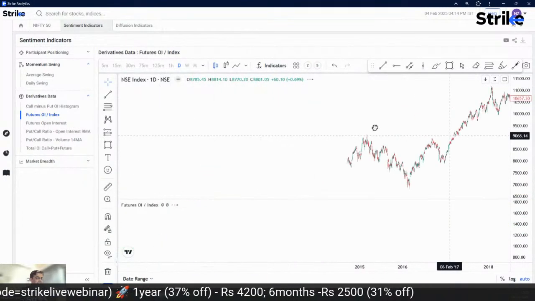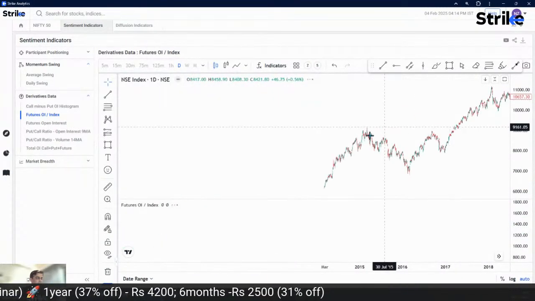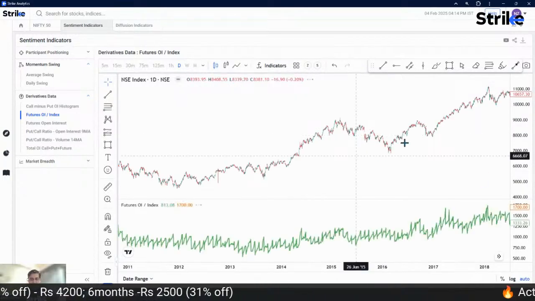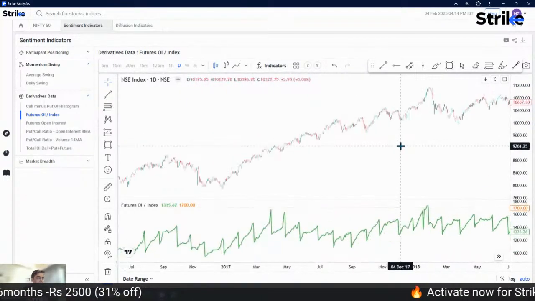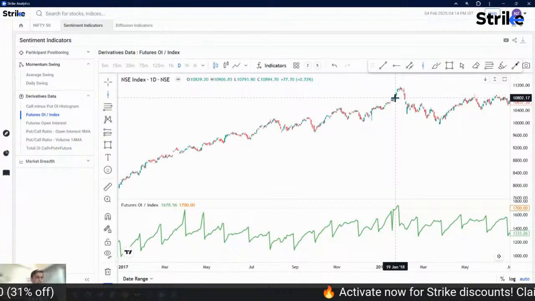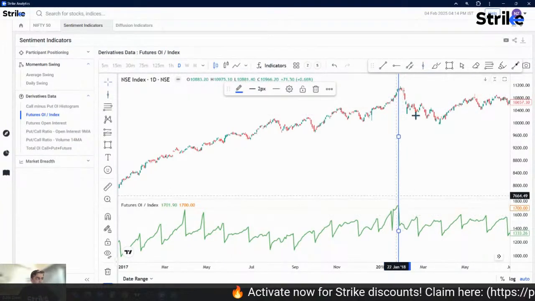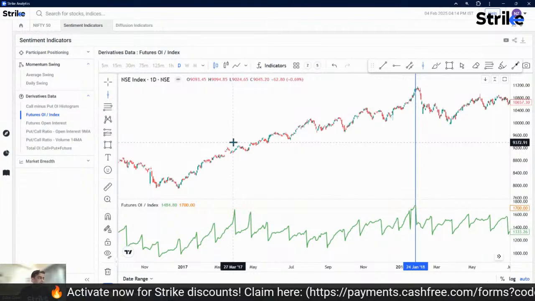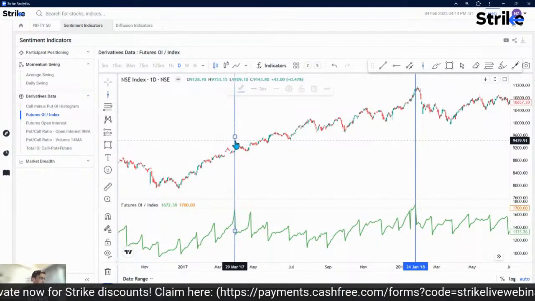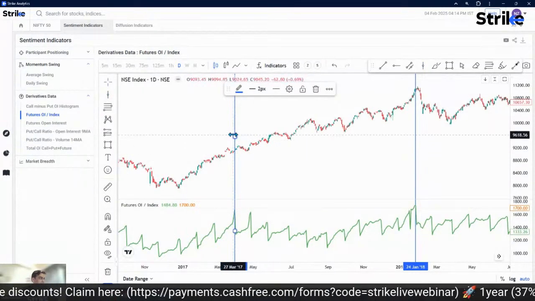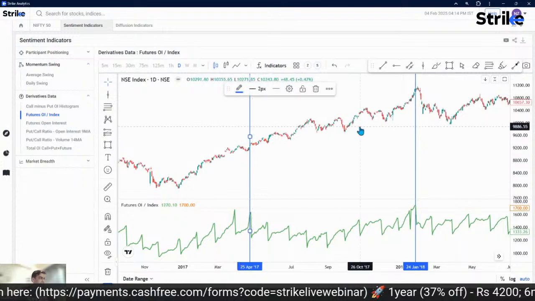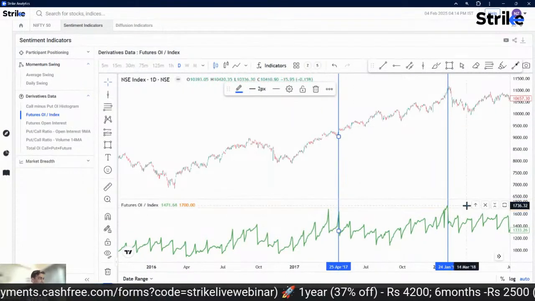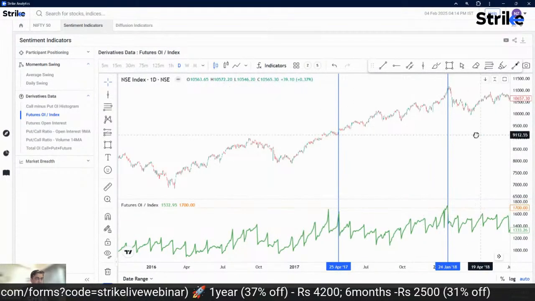Whenever there is an extreme reading in this particular indicator, let it just get loaded over here. On the high, we can see a market top being made. We can see that at an extreme high reading, a kind of market top is made, whenever it goes above this dotted line.